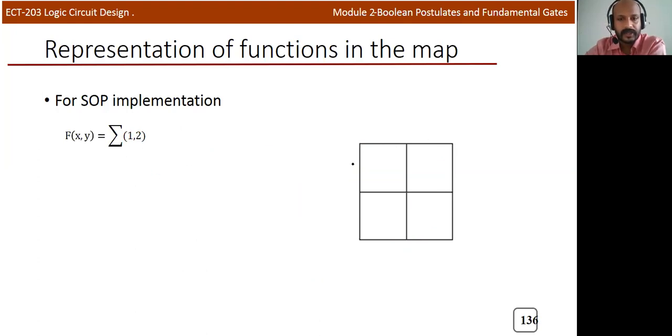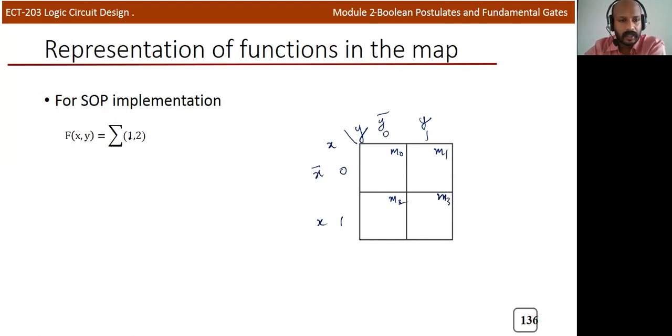Now we'll discuss another question. This is 2 variables, x, y. So 0, 1, this is x bar, this is x, and here it is 0, 1, y bar and y. And if you write this, this is minterm 0, this is minterm 1, minterm 2, minterm 3.